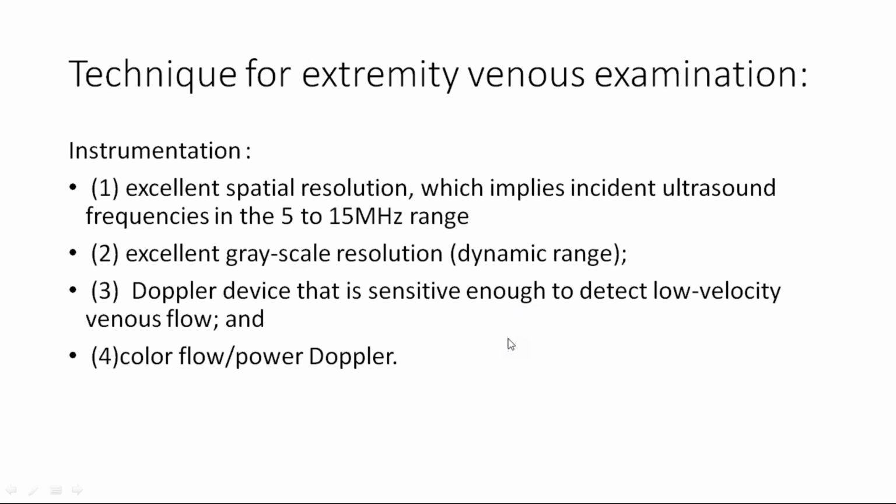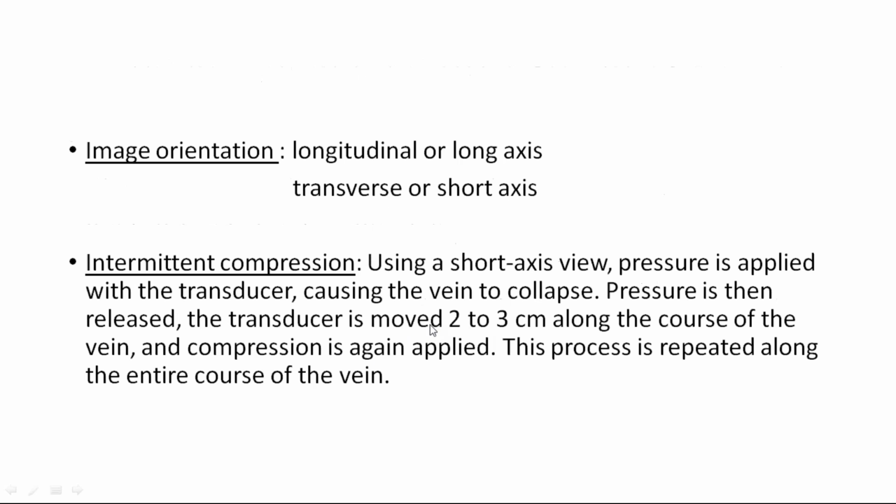Due to thrombus, we can get decreased blood flow, which should be detected by the Doppler device. Power Doppler and color flow should be present to see whether the vein is filled or not.